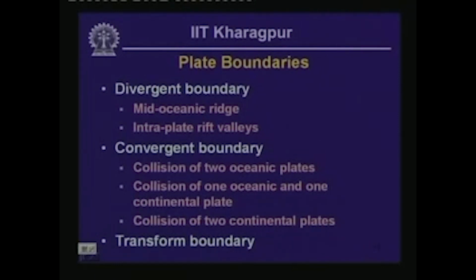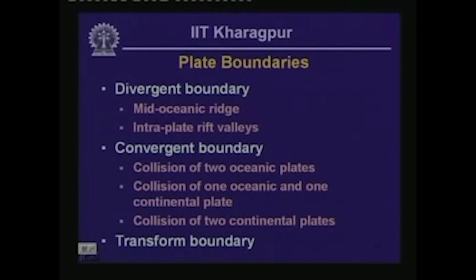Typically, divergent boundaries are found at mid-oceanic ridges, or they are found at intraplate rift valleys such as the East African Rift Valley. These are some of the very good examples of divergent plate boundaries.